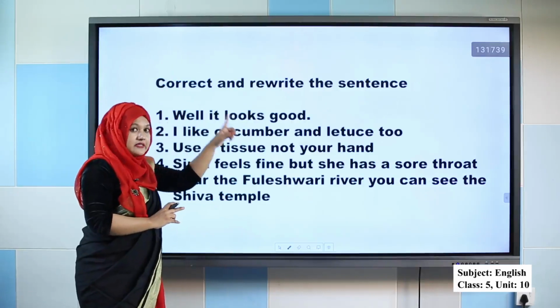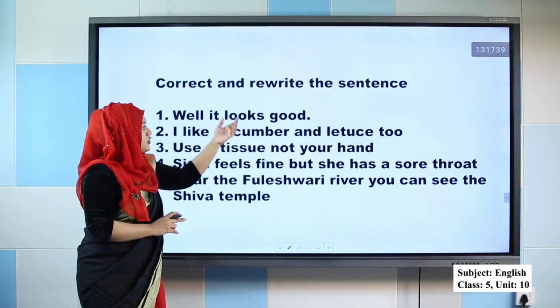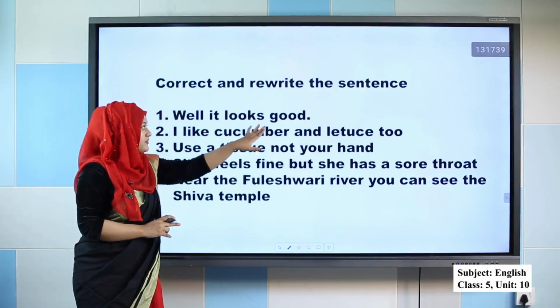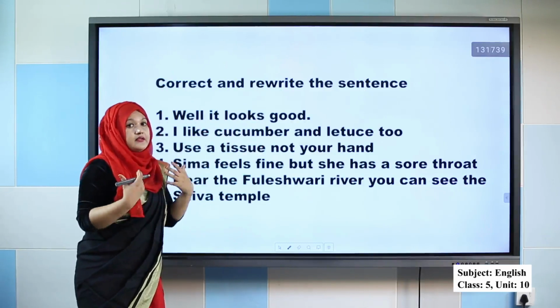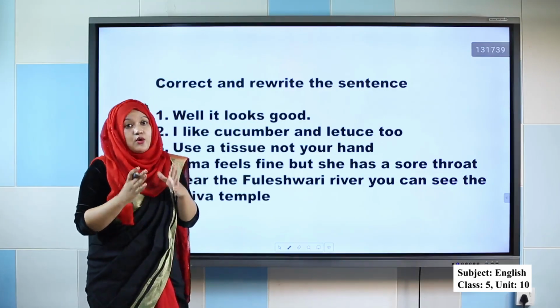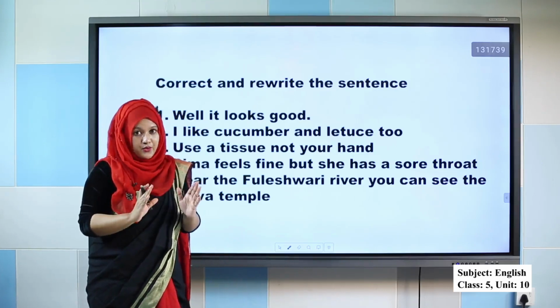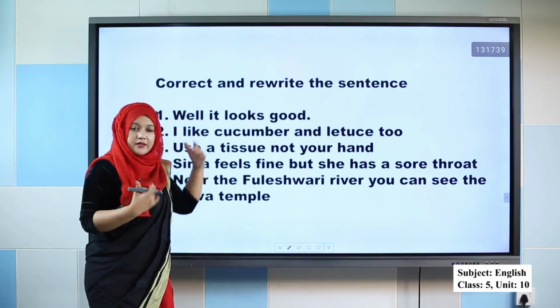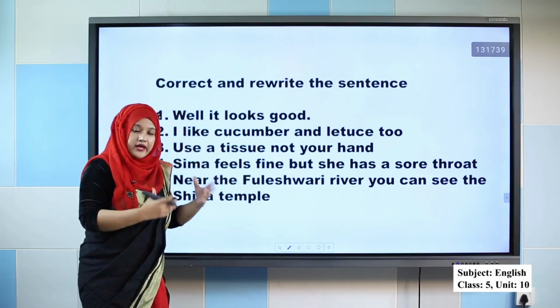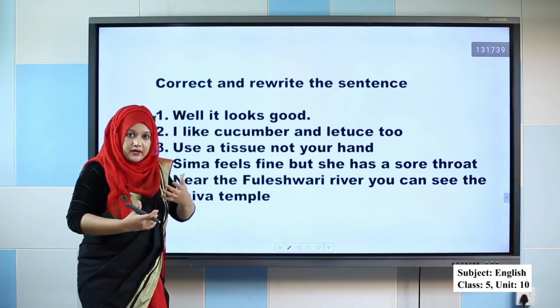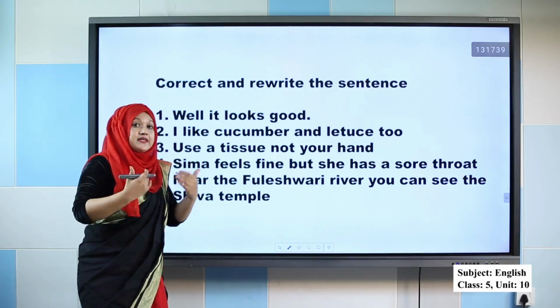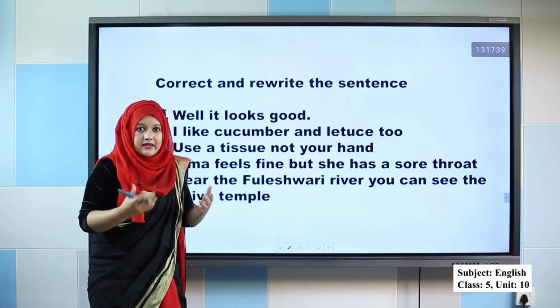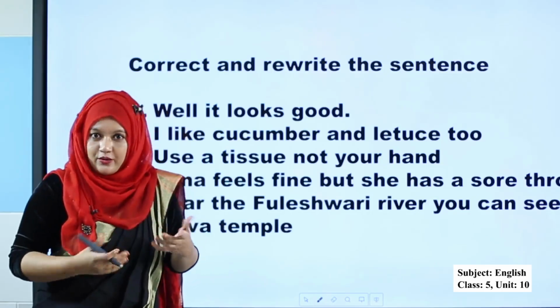Here the first sentence: Well it looks good. So in the first sentence we need to use a comma to separate the word well, right? Because we just came to know where we use a comma. We use a comma to separate the word that introduces a sentence, like hi, hello, right?